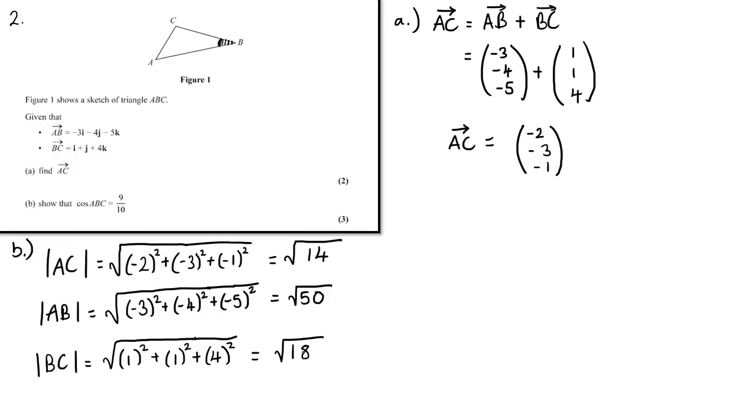So what we've got here is everything that we need now to show that cosine of ABC is equal to 9 over 10. And as we've got the length of all sides of this triangle, all we're going to simply do is apply the cosine rule.